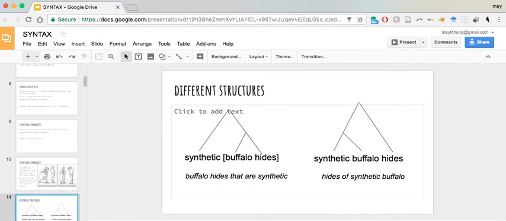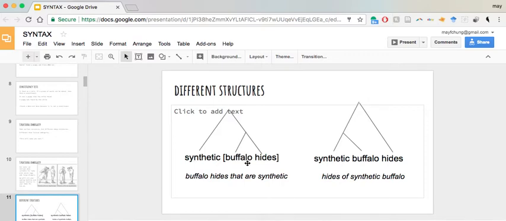So, in the two trees that we have here, we have synthetic buffalo hides. On the left, synthetic buffalo hides. If you group these words together, if we say that buffalo hides is a constituent, then we would say, okay, I'm talking about buffalo hides, and these buffalo hides are synthetic, okay?